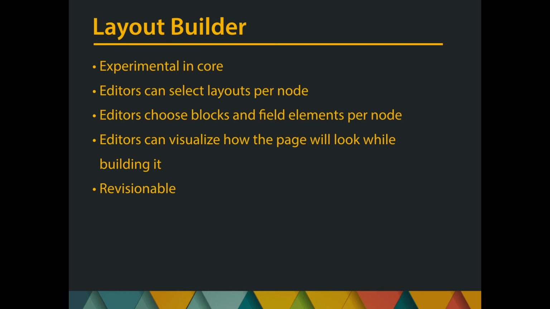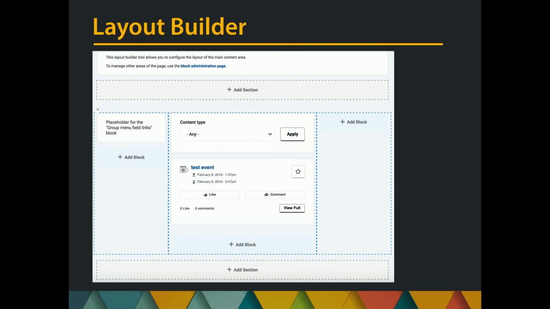But the problem with it is that with great power comes great responsibility. Out of the box, it looks similar to this. You can see that I dragged the test event, and it's already pre-styled by our themer, who made it already have the like and comment form in there, styled, linked to the view full post.